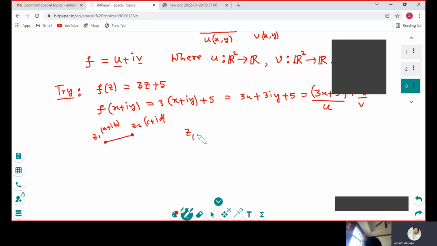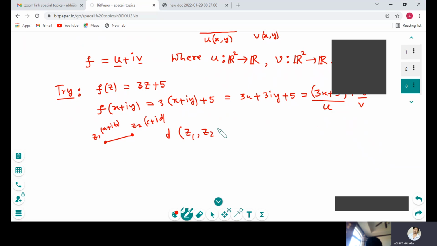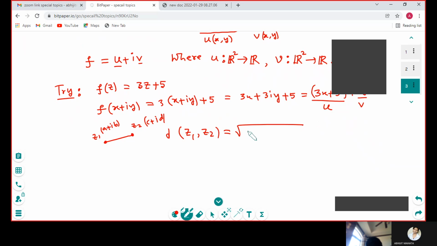We write the distance of z1 and z2 as the square root of (a minus c) whole square plus (b minus d) whole square. Got it? Yes, sir. Why? Because this point has coordinates (a, b), and this point has coordinates (c, d), and from elementary geometry, we know the distance between two points can be calculated using this formula, right?